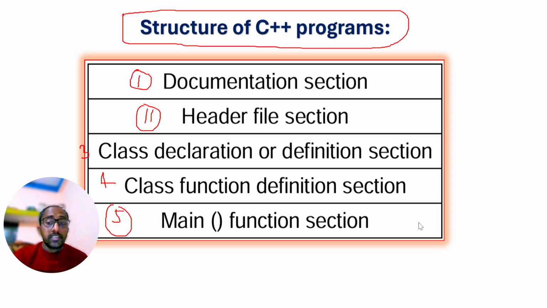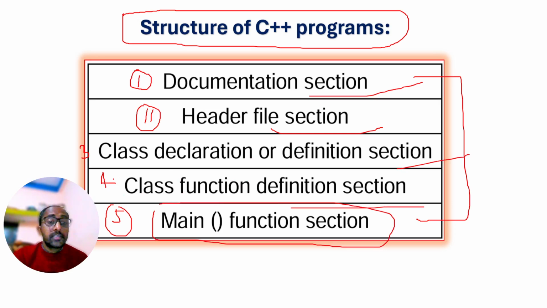The structure of a C++ program supports different sections, as I have mentioned here: first the documentation section, header file section, class declaration or definition section, class function definition section, and the most important section, the main function section.